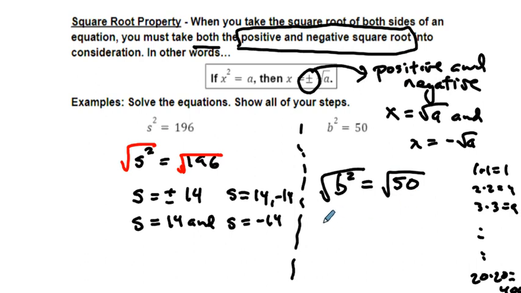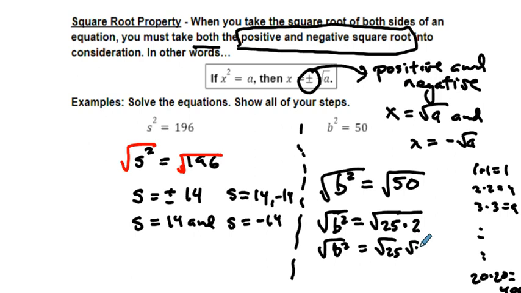And this one, you can. We're going to leave this as square root of b squared until we clean this up. That means we can write this as the square root of 25 times 2. Another remembrance about working with square roots is we can split these up.